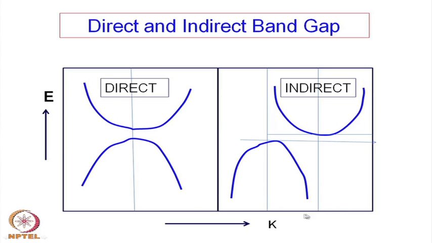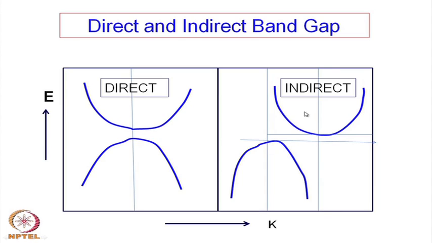So, there is a gap, a distance between this k value and this k value, whereas here there is no such distance. Two k values do not exist; the single k value has the maximum and the minimum, whereas here the maximum is for one k value and the minimum is for another k value.